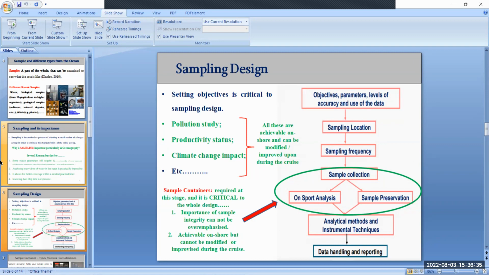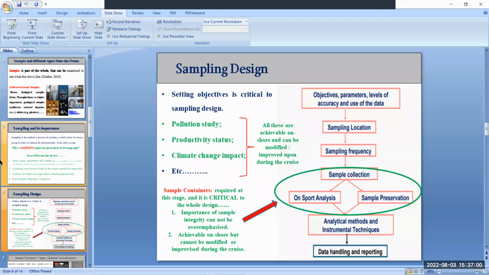Sample containers are required at this particular stage that I've circled, and it is critical to the whole design. Everything that comes below, the effectiveness and the accuracy, is determined by the area that I've circled in green.